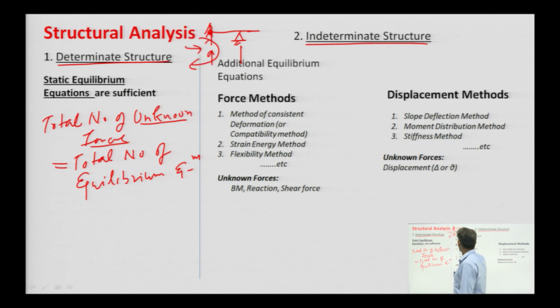And here at the hinge, vertical and horizontal also. So, two unknown forces at this point and three unknown at this point. So, the total number of unknown forces in this case is 5.